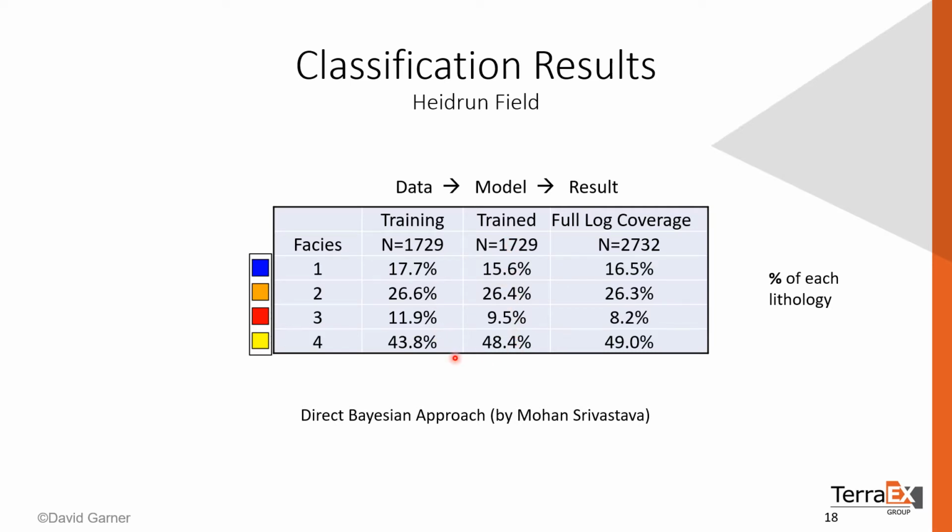Now we have a model, and the proportions have drifted a bit. So this one has gone down. This one's the same. This one has gone down quite a bit, and this one has gone up. And then once we apply it to all the log coverage, we get a different set of numbers. So we can, in commercial software, adjust the posterior weighting to shift it to be closer to the input.